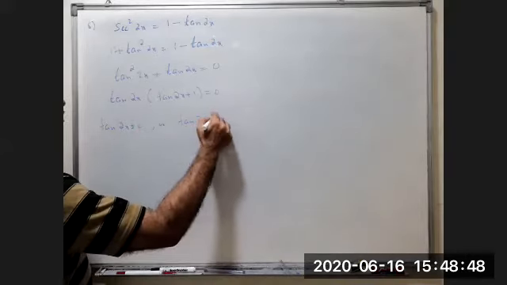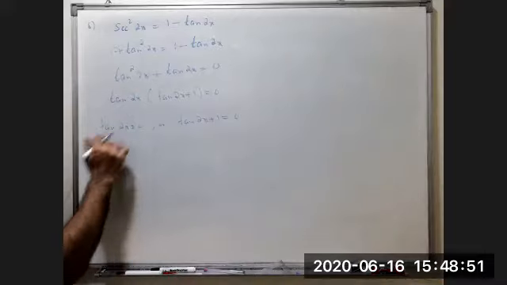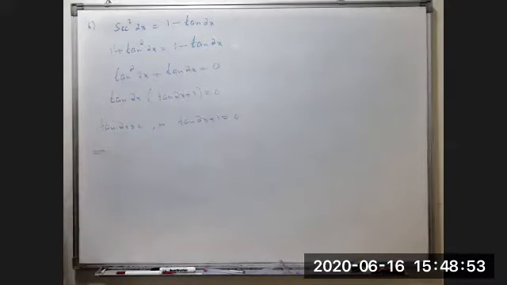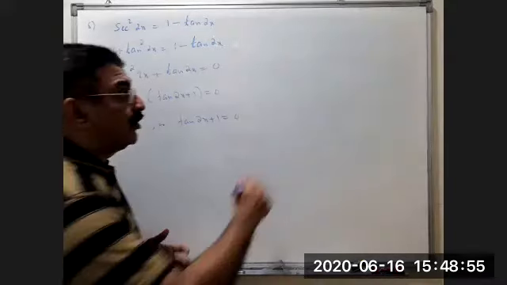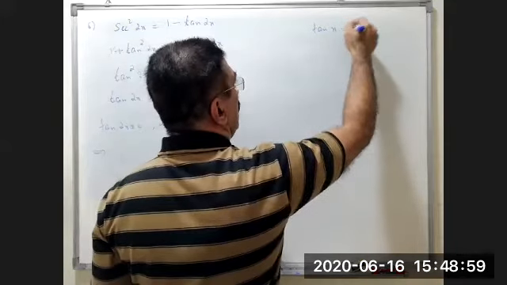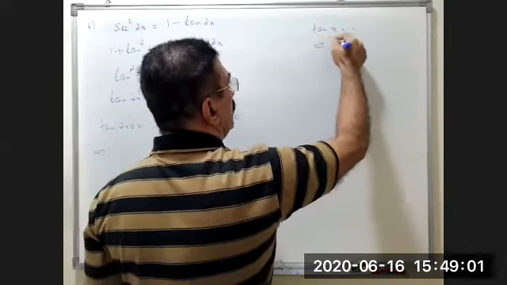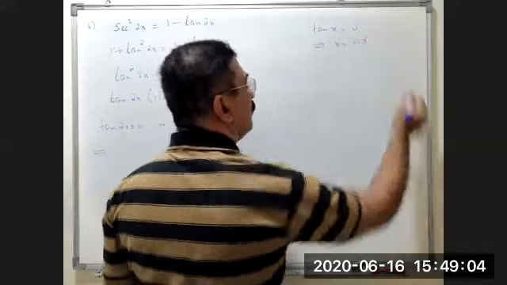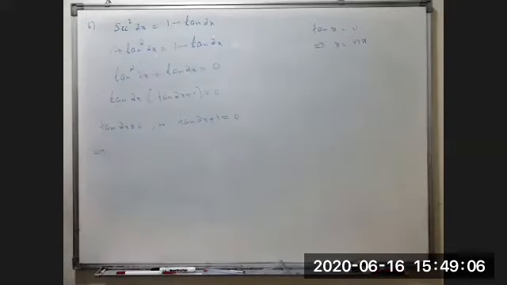Tan 2x plus 1 is 0. If tan 2x is 0, we learned that formula: if tan x is 0, then x is equal to n pi. We learned it earlier.